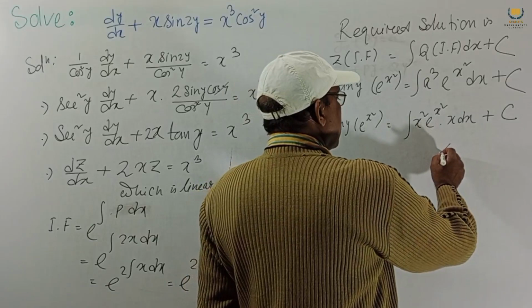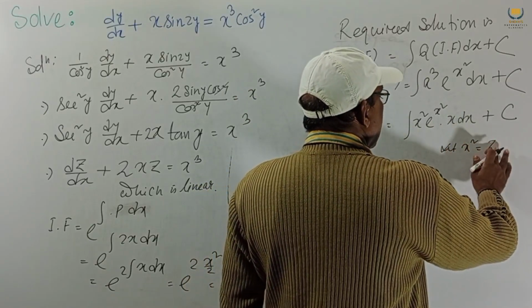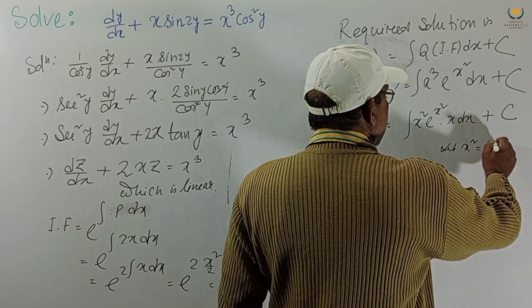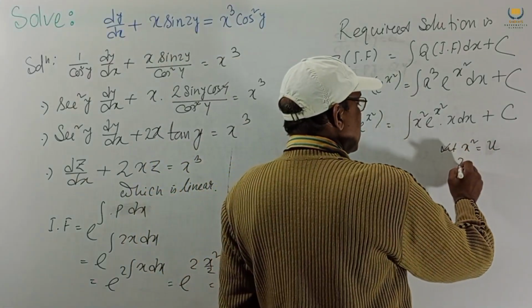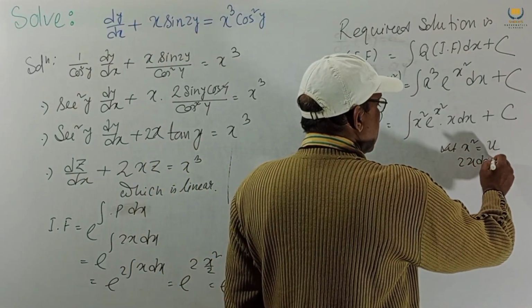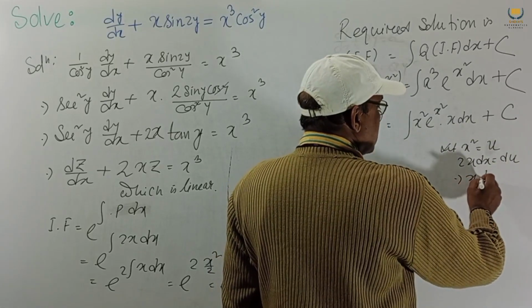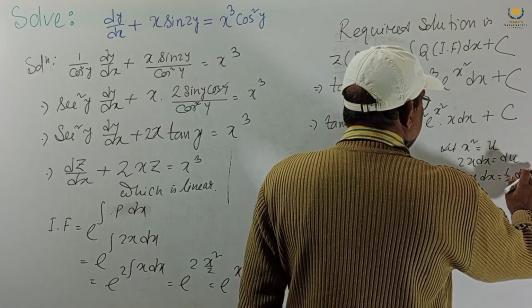So let x square equal to u. If we differentiate both sides with respect to x, then we get 2x dx equal to du, so x dx equals 1 by 2 du.